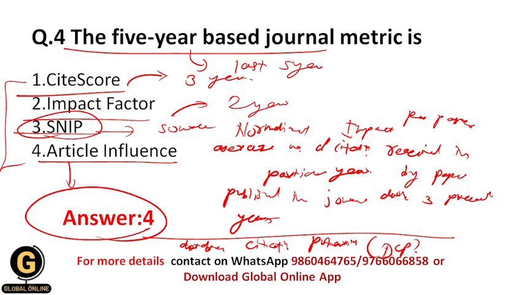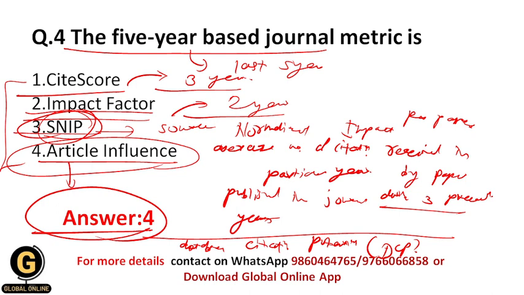If you see SNIP, it is relevant to the preceding 3 years, impact factor is for 2 years, and CiteScore again for preceding 3 years, and that's why the remaining option, article influence, which is a 5-year based journal metric, is the correct answer, 4.